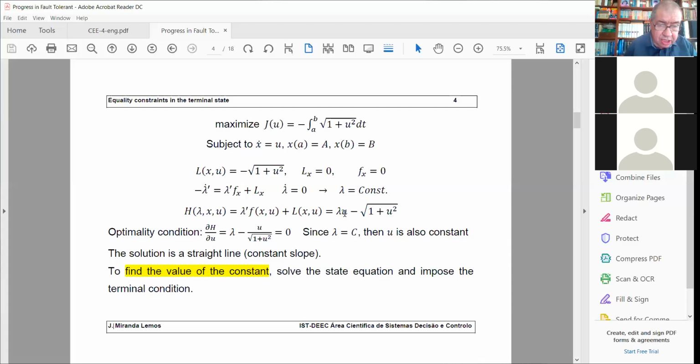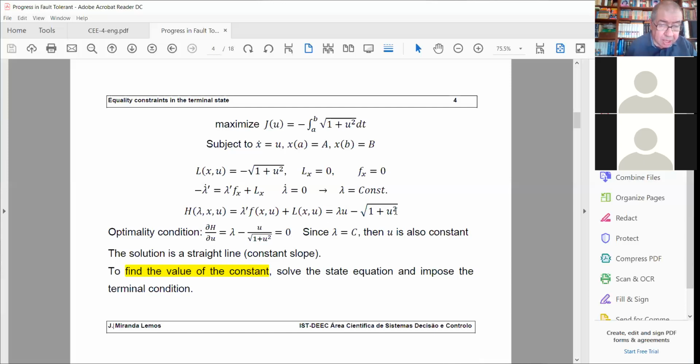Now, if you study this function as a function of u, you will find that this function has a minimum or a maximum, in this case a maximum. To find this extremum, you compute the derivative of H with respect to u and you equate it to 0.